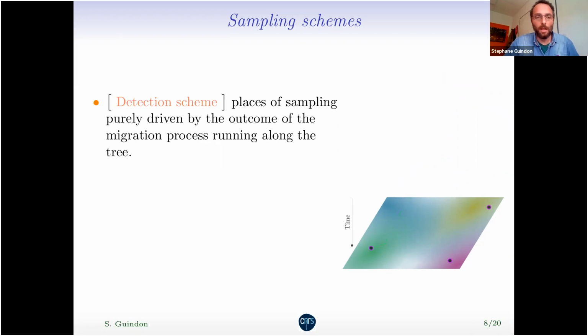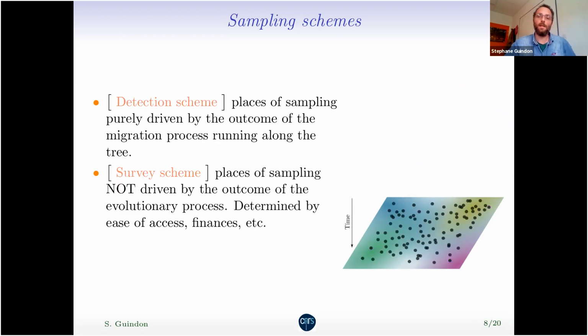So that's the first sampling scheme. The second scheme is the survey scheme. And here you assume that evolution has been going on for quite a while, and you have lineages scattered all over your habitat. But for some reason, some places for sampling lineages are easier to access compared to others, all right?